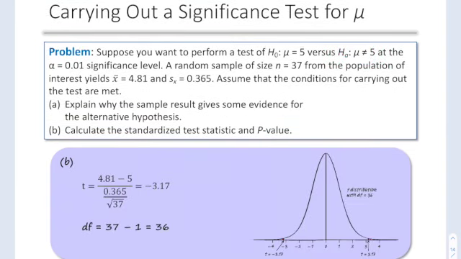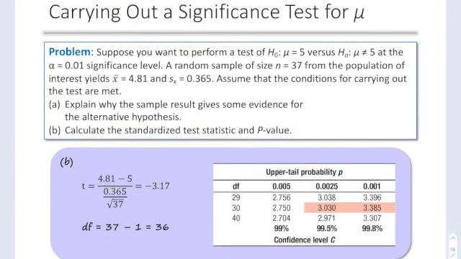So t equals 4.81 minus 5 divided by 0.365 divided by the square root of 37. So we get a negative 3.17, and our degrees of freedom are 36. Now this is not equal to, so this is a two-sided test, so we're looking at the area greater than and less than. So we're going down our chart. 36 is not on our degrees of freedom, so 30 is the next one.